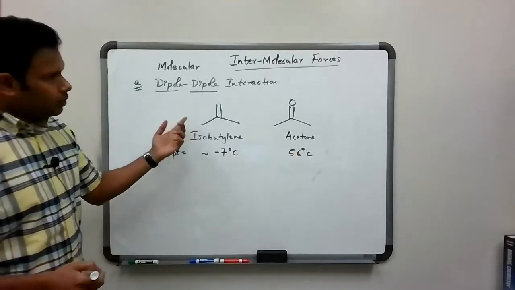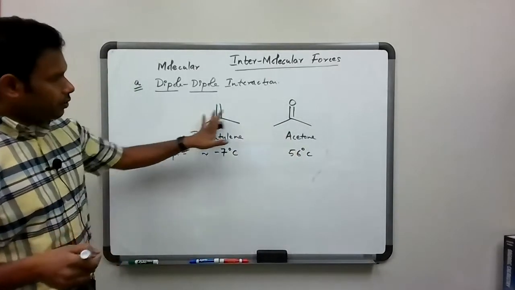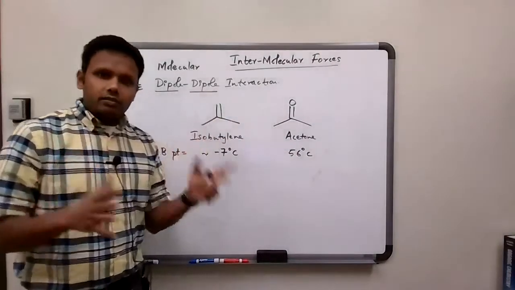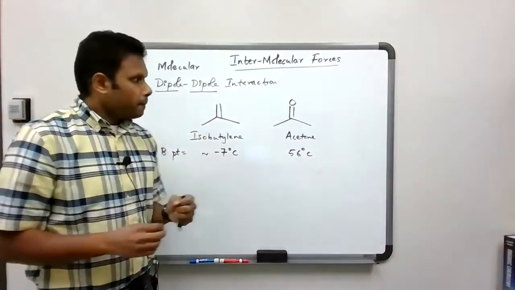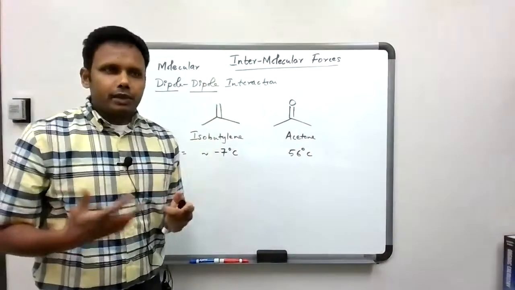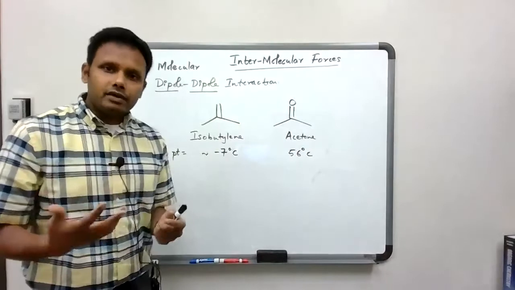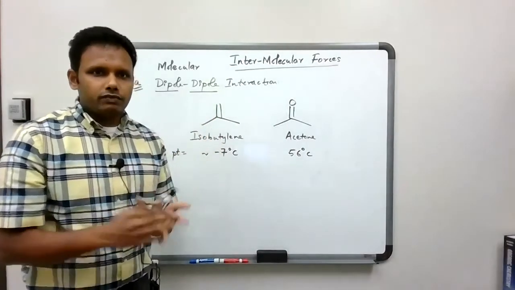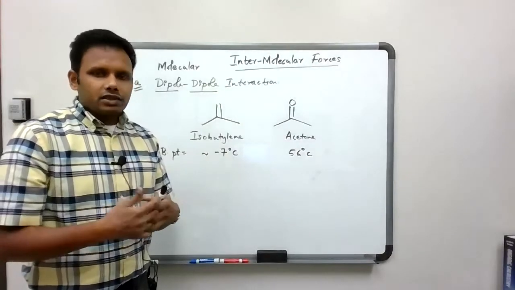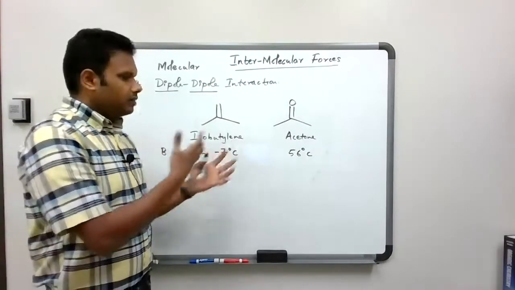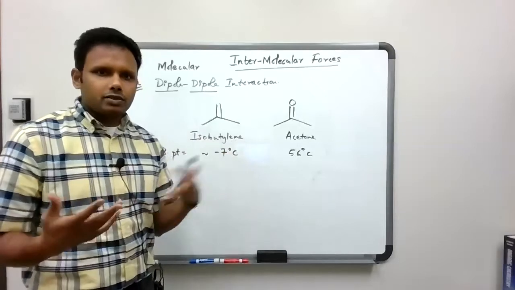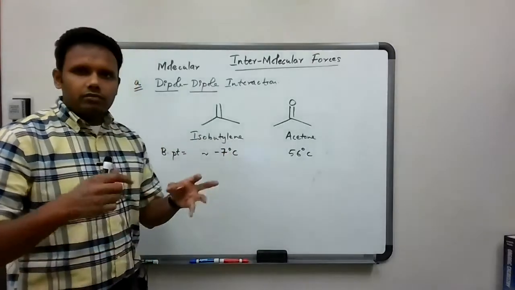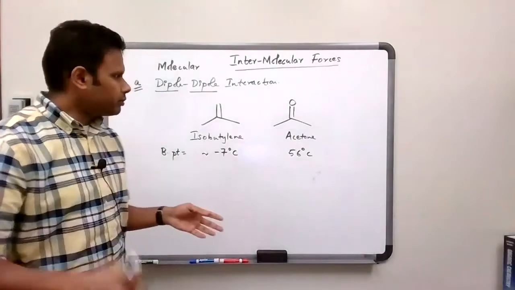If you notice, the only difference between these two molecules, and that's another point before we jump into all of this, is that we can only compare, or it is fair to compare, structurally similar molecules. We cannot compare structurally very different molecules and then try to rationalize why one is higher boiling than the other, because then we're going to start running into issues, and we'll talk about some of that later.